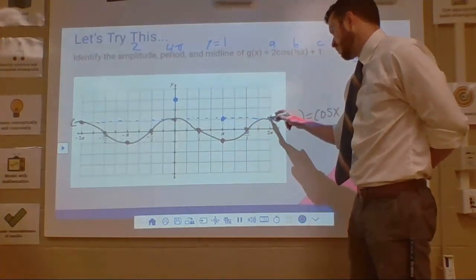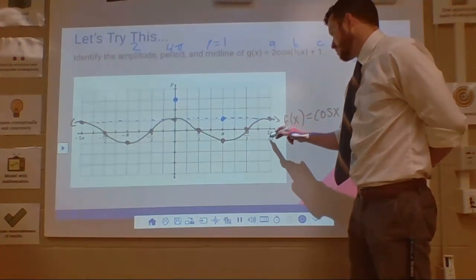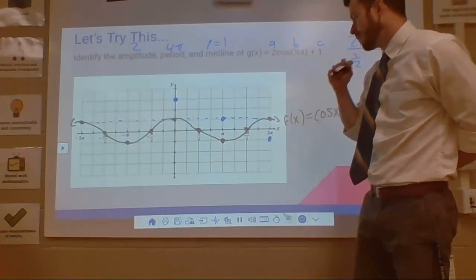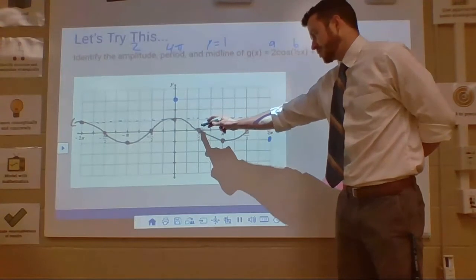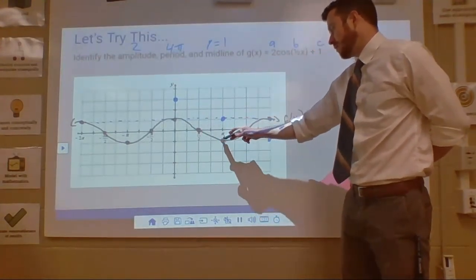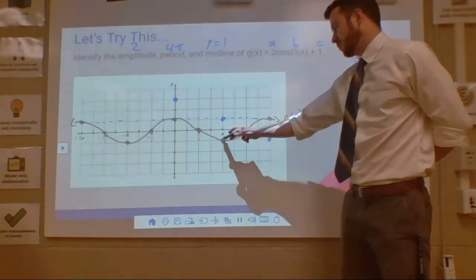So we're at 2 pi, we're going to be 2 units away. The amplitude is 2, right? 2 units away from the midline. So there's going to be this point, okay? So this point is going to match up with that point. All right, I've transformed this point, and this blue point is a transformed point of that.